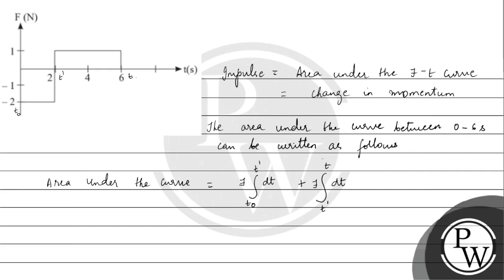तो इस ग्राफ से हम देख सकते हैं कि the force from t naught to t prime is negative and it is equal to -2 newtons.